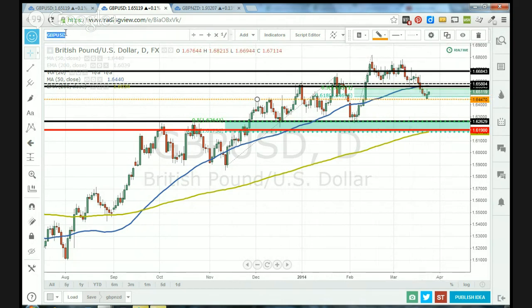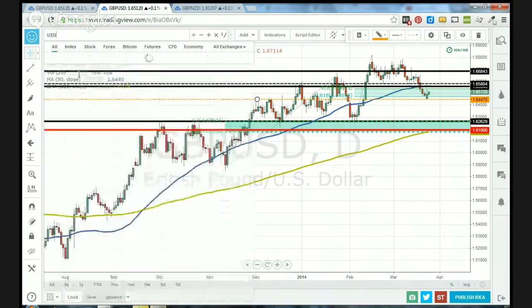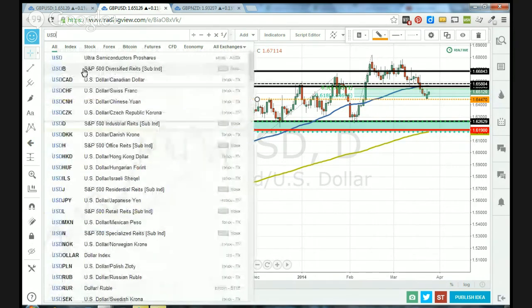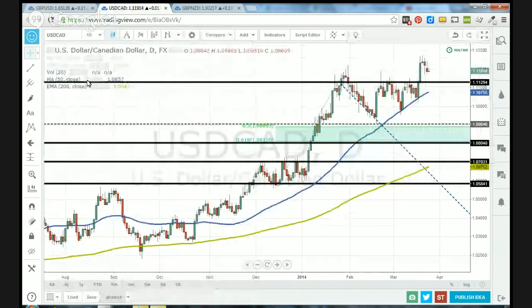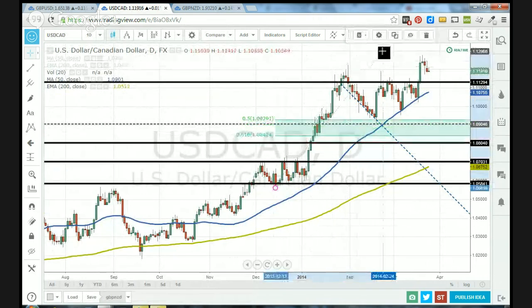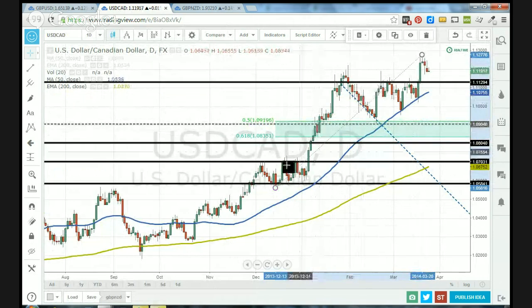So that's pound dollar. I'm going to pass on that for now. Let's look at dollar Canada. Okay. This looks like it's finally declining. Let's update our Fibonacci lines.